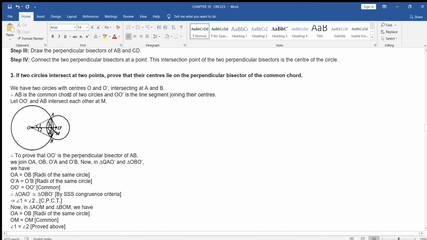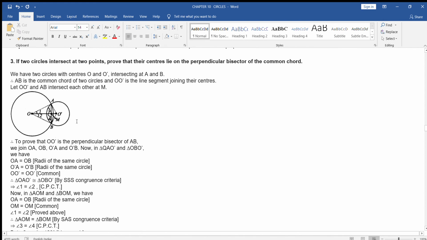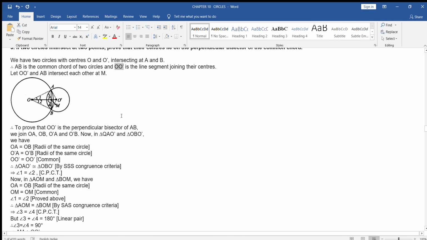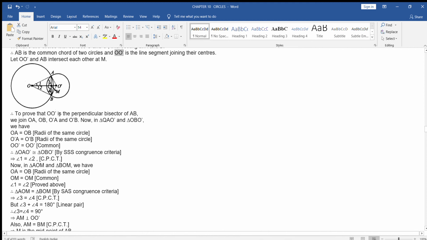We have two circles with centers O and O dash. They are intersecting at A and B. AB is the common chord of the two circles. This is the line segment joining their centers, and we need to prove that it meets AB at M, making 90 degrees. What we need to prove is that it is the perpendicular bisector of AB.